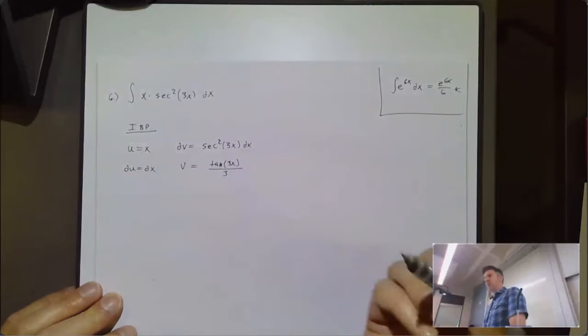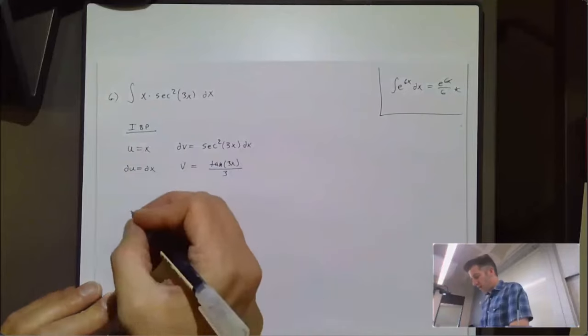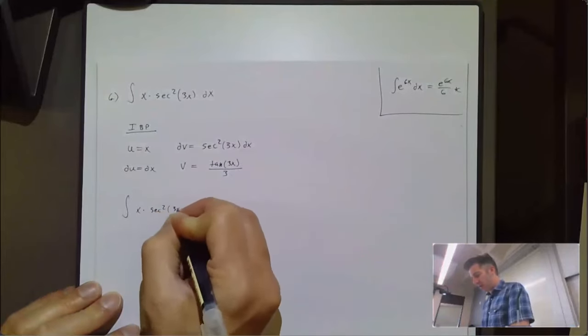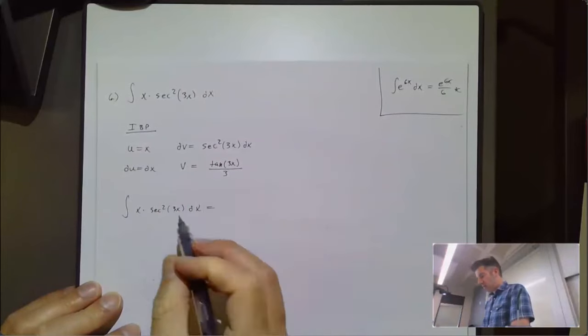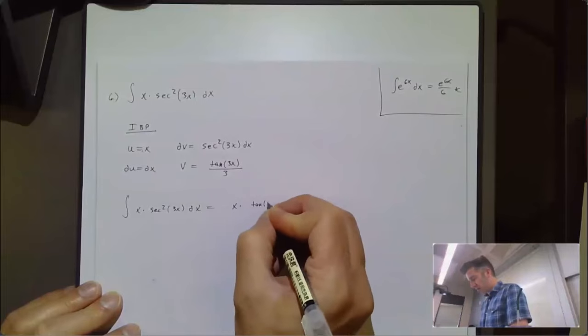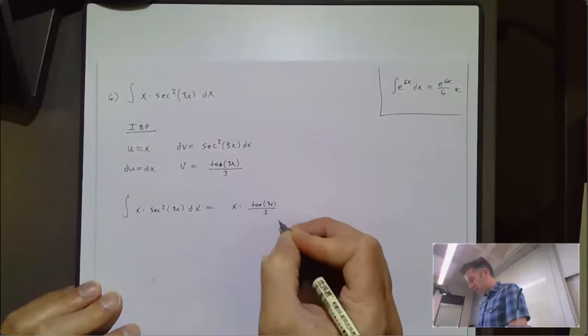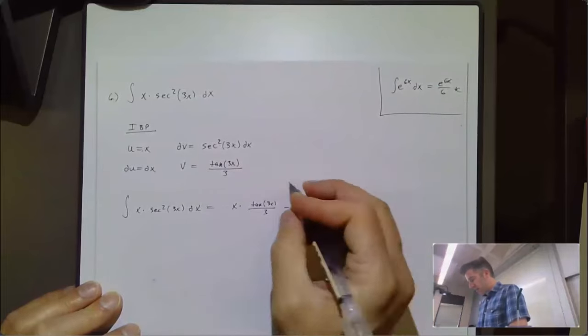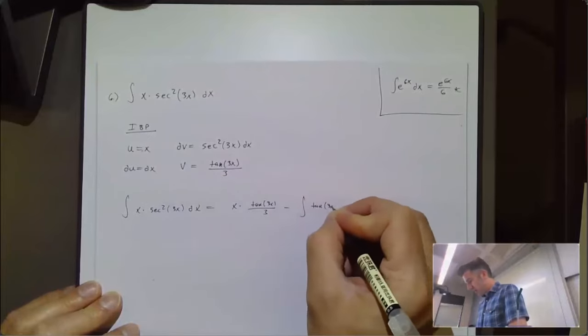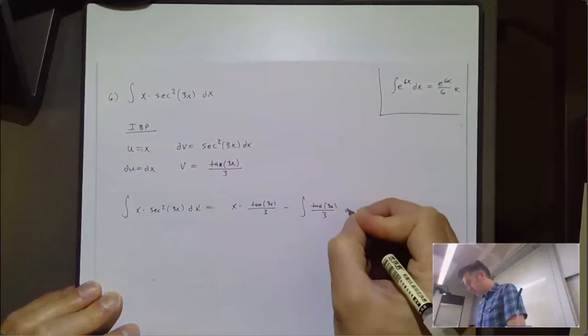Things got simpler. So then our integral of x times secant squared of 3x dx is going to be u times v, so x times tangent of 3x over 3, minus the integral of v du, so tangent of 3x over 3 dx.